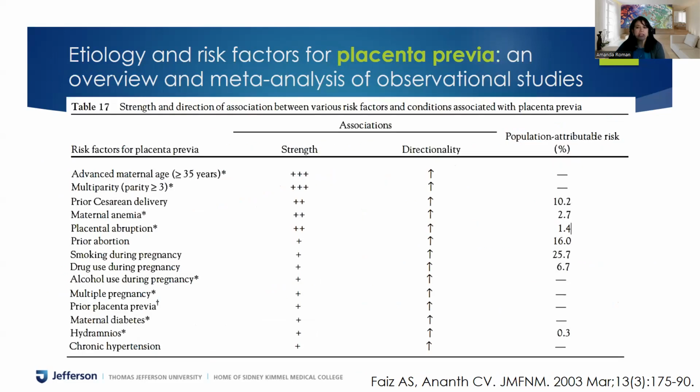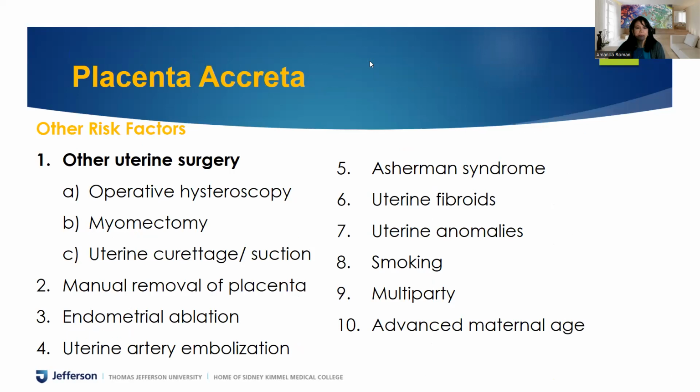And these are the risk factors of having placenta previa: advanced maternal age, multiparity, history of prior cesarean section, anemia, abruption, prior abortion or curettage, smoking, drug use, alcohol use, multiple pregnancies, and some other minor factors. So it is not just the history of a uterine surgery. There are also other risk factors in play that will account for placenta previa.